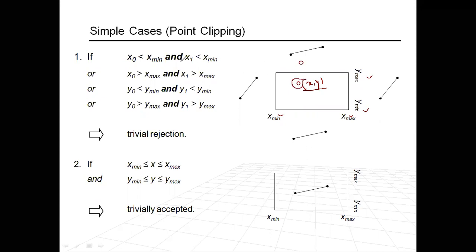So if x1 is less than x min, then the point is lying somewhere here.